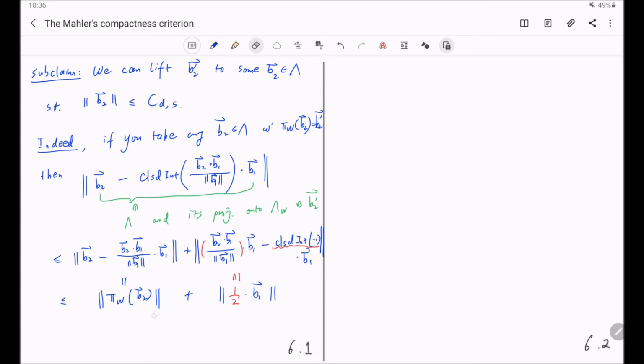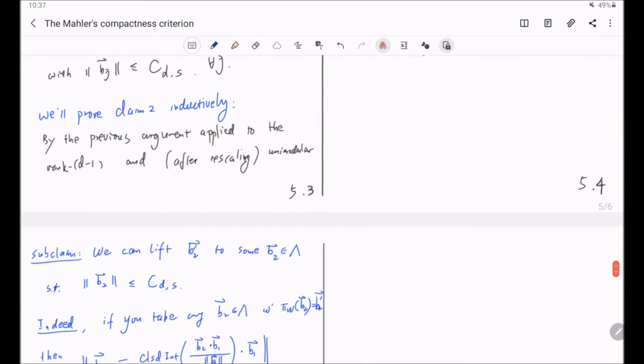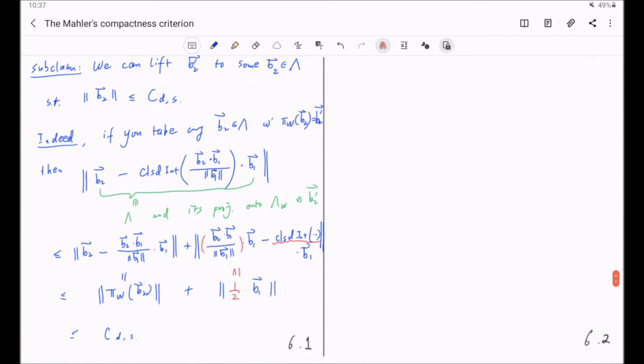And we know that they are both bounded by a constant that only depends on D and S. We proved that the norm of B1 is bounded by a constant like this at the very beginning. And the reason why the norm of this is also bounded by a constant like this is given here. So we are good. We proved this subclaim.